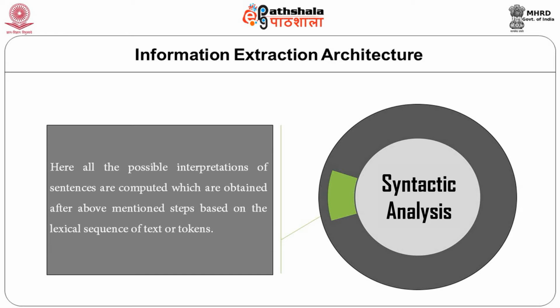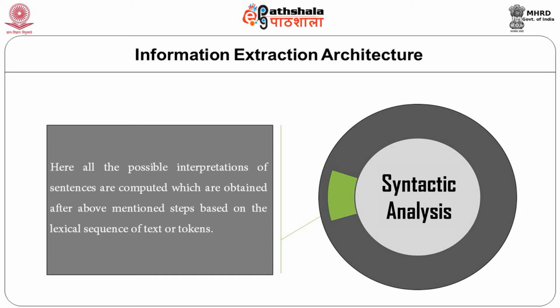So how does this matter? We have already done parts of speech recognition, and we have done the acronyms, abbreviation recognition, and we have tokenized. So how these interpretations of sentences can be computed is based upon all the previous steps of what has been recognized and what has been tagged.